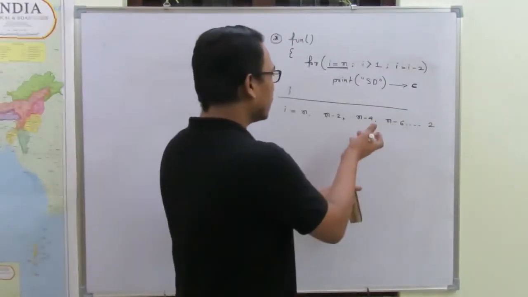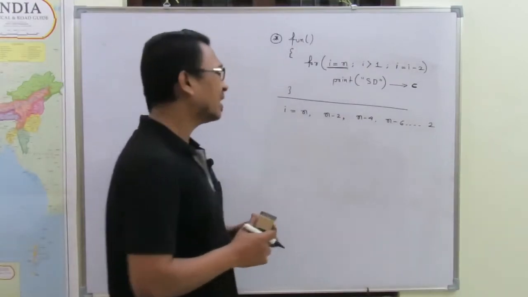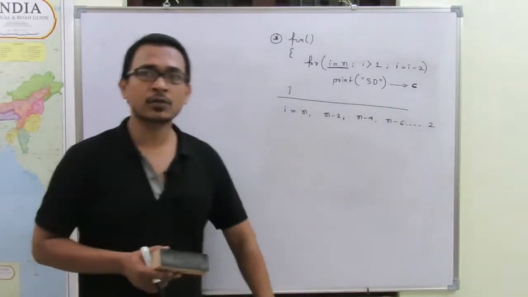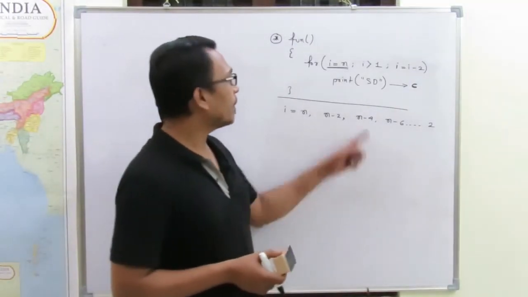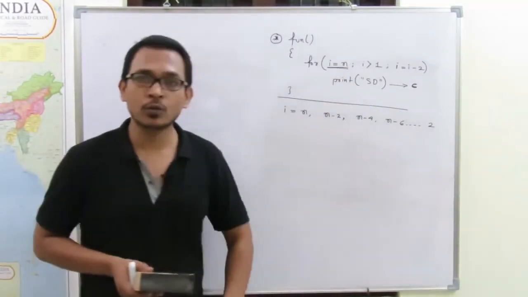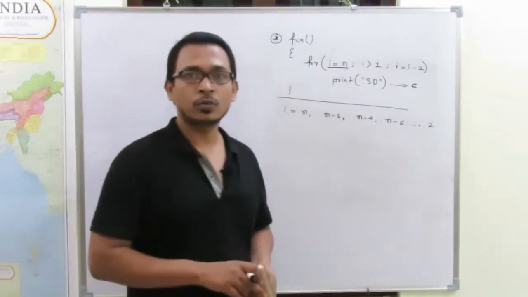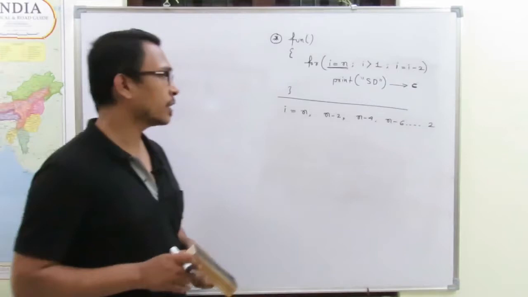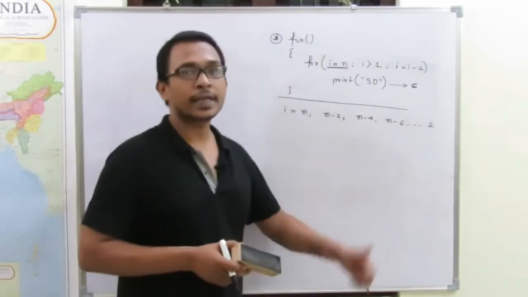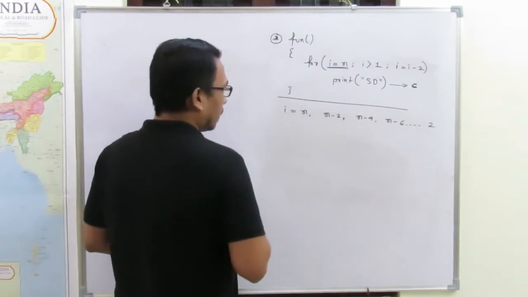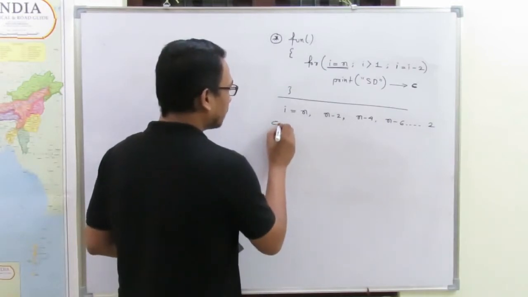Now if we change the value, there are two possibilities: the number n is divisible by 2 and the number n is not divisible by 2. So concentrate, we will see what happens in both cases.